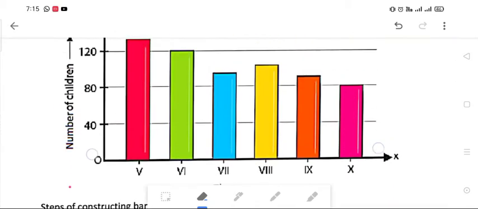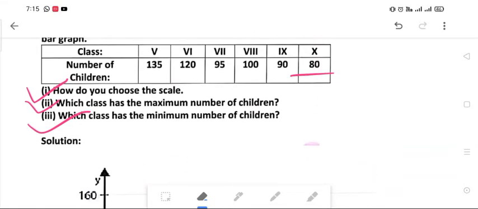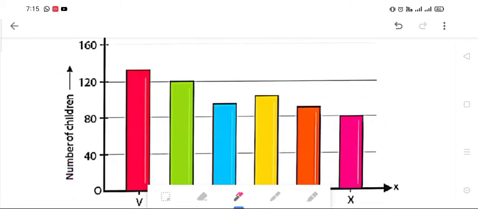As we have seen, the number of students in class 5 is 135. So this point represents 135, because here the bar is a little above the point 120.